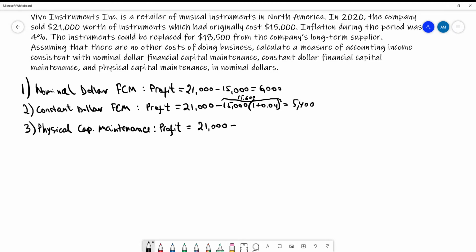So those instruments that were sold, that inventory can be replaced for $18,500 in the market. So we put it here, 21,000 minus 18,500, which is $2,500. Alright, so here we calculated profits under those three alternative approaches.